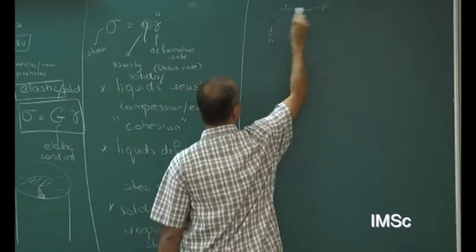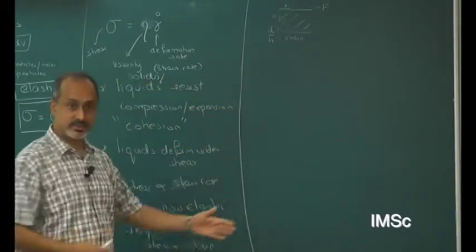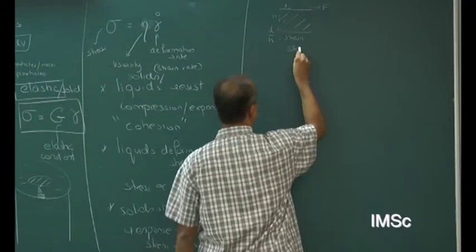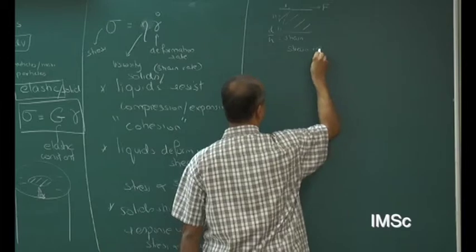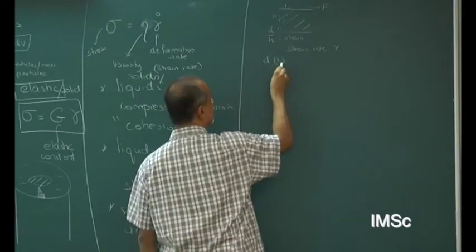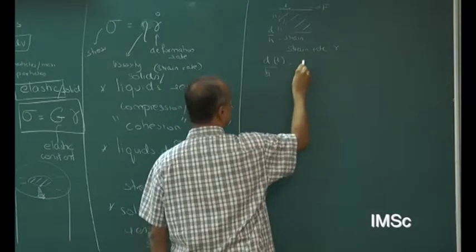And as I move this, as I keep applying this force, these points go further and further up. So that as this increases, I have a strain rate, which is gamma dot. Because D itself depends upon time, so dD by dt divided by H is gamma dot.